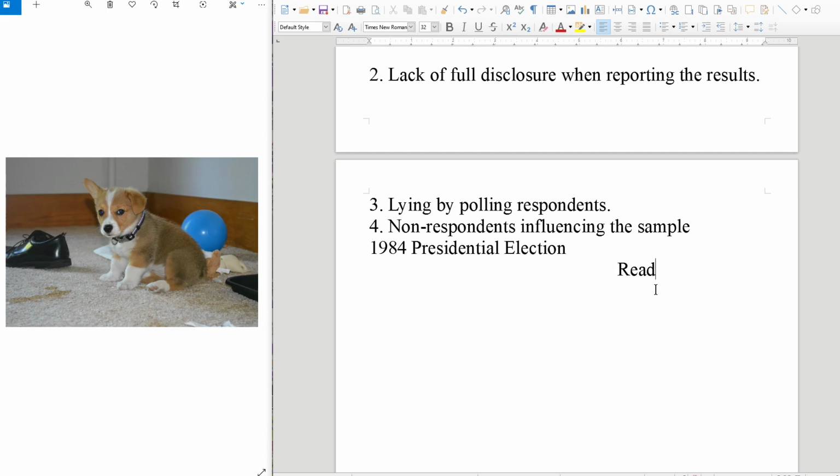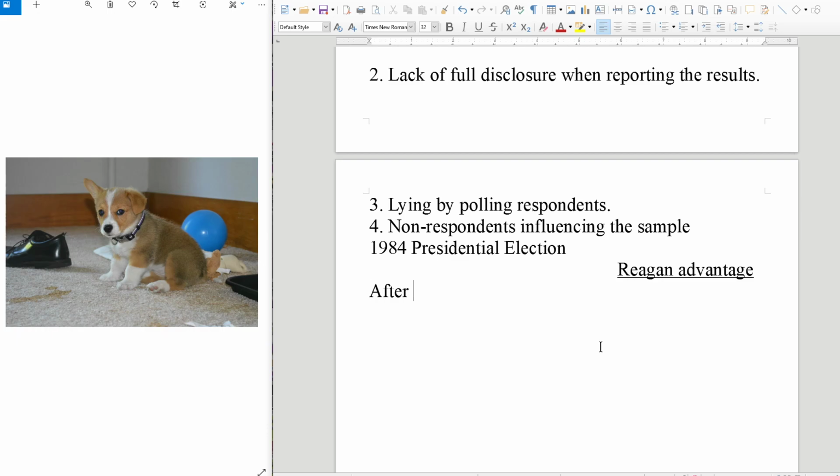Well, what they did was they did a series of surveys about who was going to win the election. As you can imagine, Reagan won the election in a landslide, and he always had an advantage whenever they did this. I believe this was done in August before the November election, so people weren't really sure who they were going to vote for at that point.